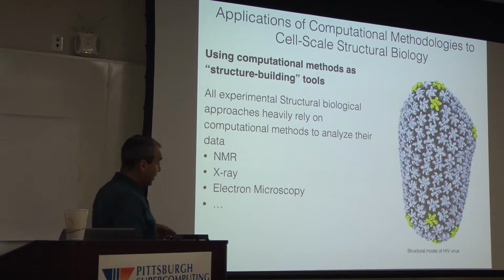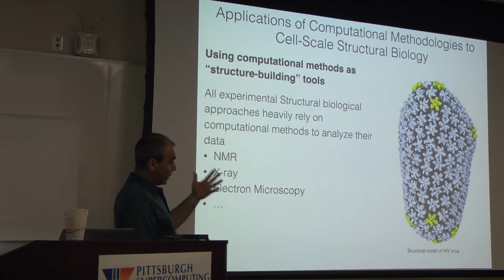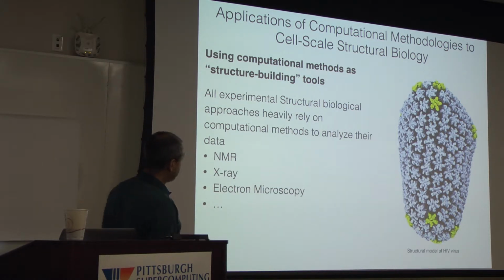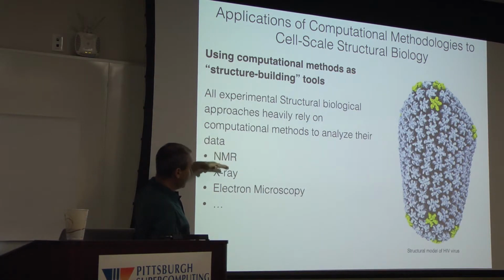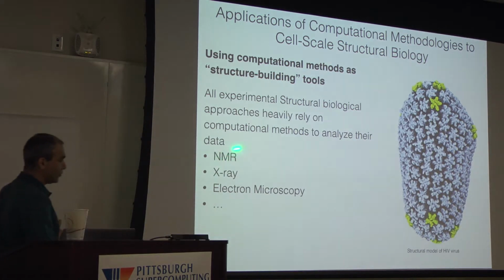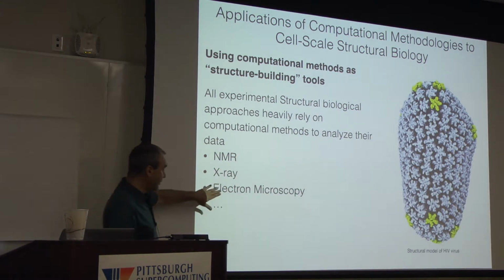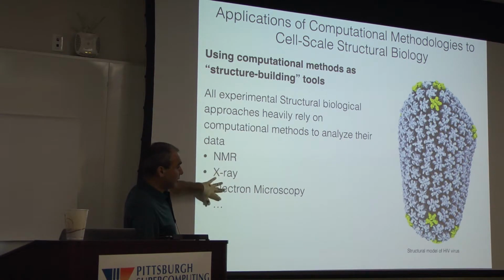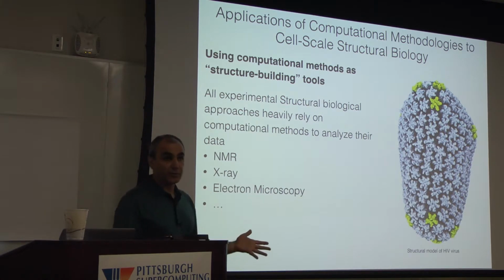Another application of MD, which has become more common, is to use this technique to put together structures. Even if you are doing this experimentally, with NMR, X-ray, electron microscopy, you get some limited data from these methodologies, and then oftentimes you have to use computational methods to translate these into an atomic resolution molecular model.